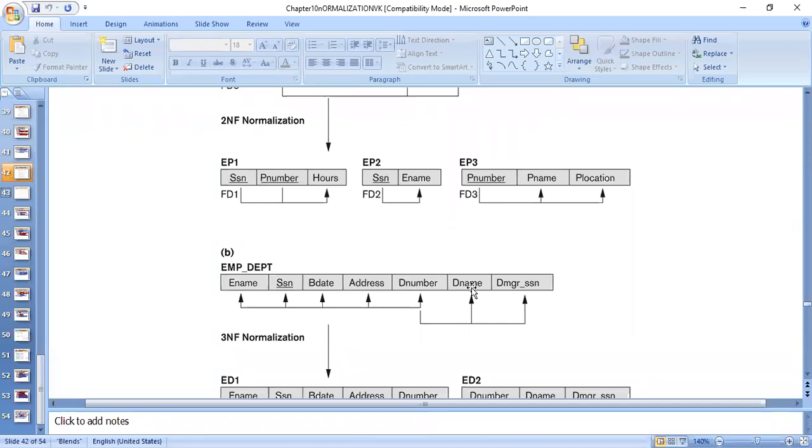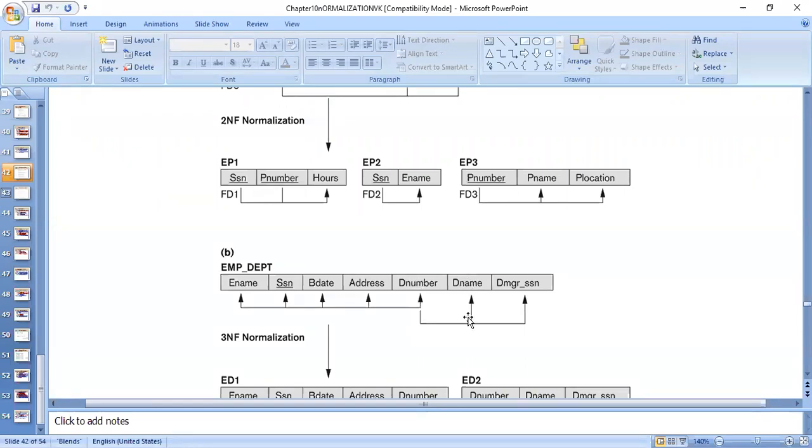We don't have to again put department name in the same table. That means for department name there is now a transitive dependency. Why? SSN works for a particular department with a specific department number, and that department number has got a name. So D name has a transitive dependency.